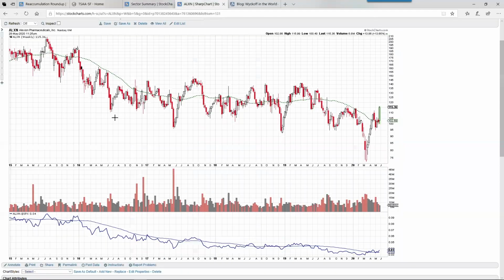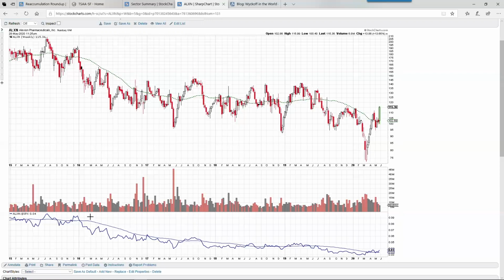The default chart that I use is the one that you're looking at right here. So this is Alexion. Alexion is one of the very large cap names. You can see that in Alexion, it's been in a downtrend. It's been weaker than the IBB on balance.